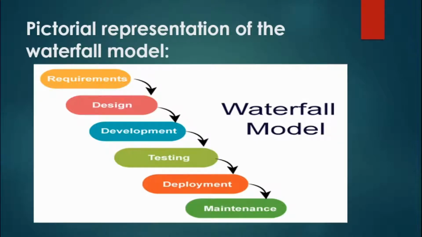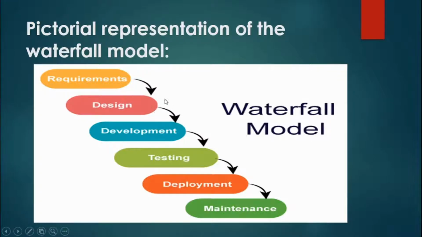This is the pictorial representation of the waterfall model, which looks very similar to the SDLC model. There also we see the requirement gathering phase, designing, development, testing, deployment, and maintenance. And in the waterfall model we can see the same thing. But the main difference between the waterfall and the SDLC is that here in the waterfall model, you have to complete each phase before coming to the next phase.